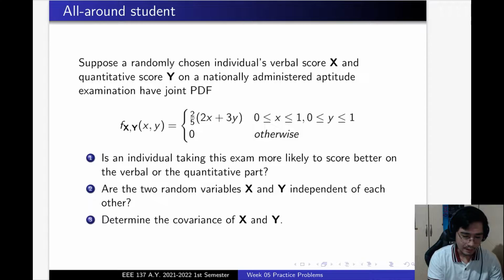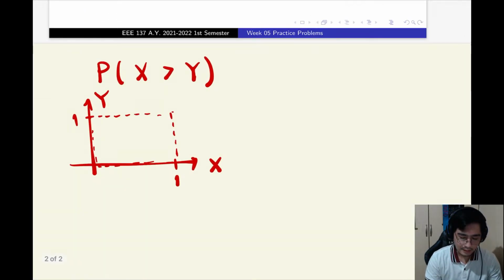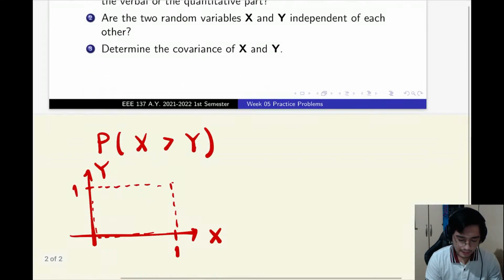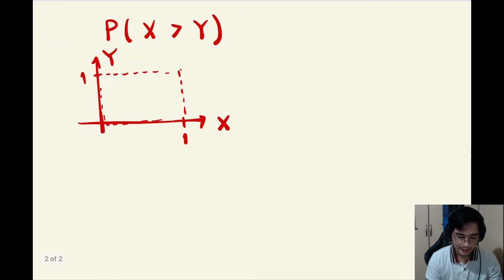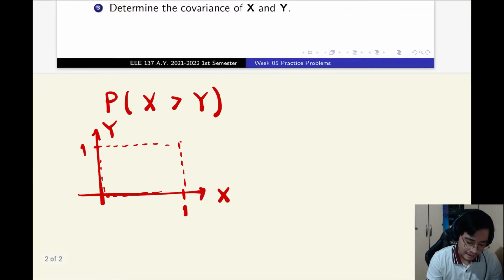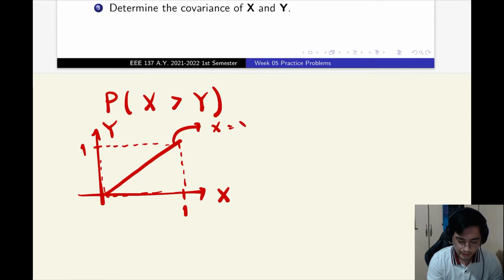If we want to obtain the probability that capital X is greater than Y, we have to define this line. This line is once again our x equals y line. If we want to define x greater than y, we are looking at this region.